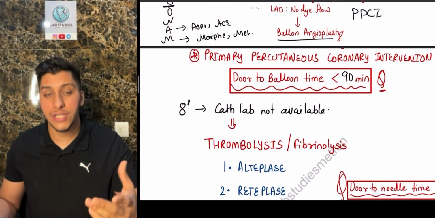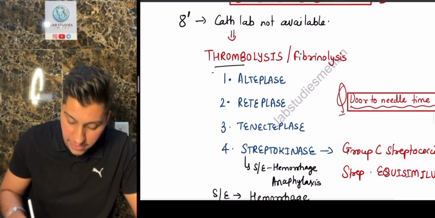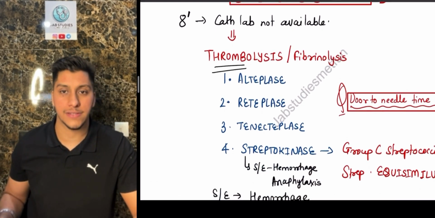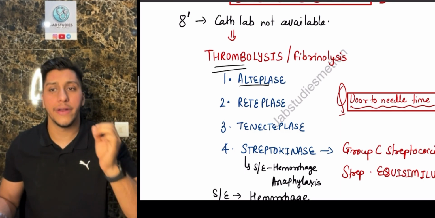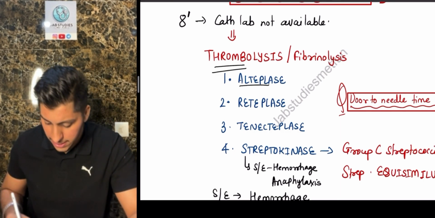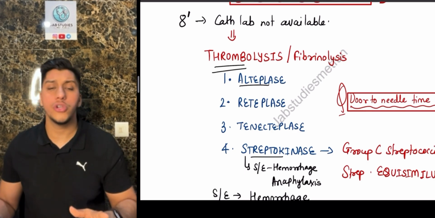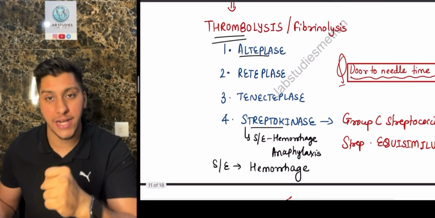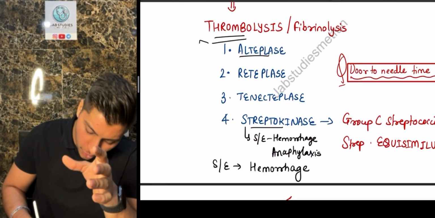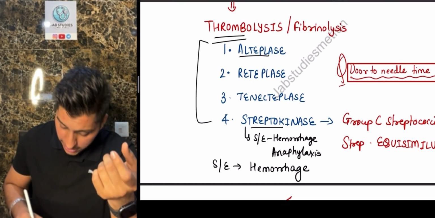For those conditions, we will do thrombolysis or fibrinolysis. The drugs which we use over here are alteplase, most commonly done, reteplase, tenecteplase, and streptokinase. Nowadays, they don't use streptokinase. The reason is that you will have anaphylactic reactions. The common side effect of all these thrombolytic agents is that they cause hemorrhage.